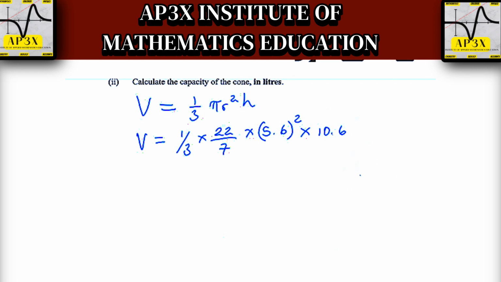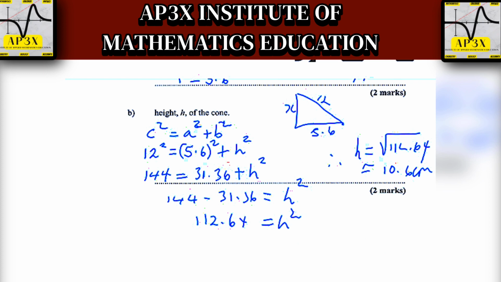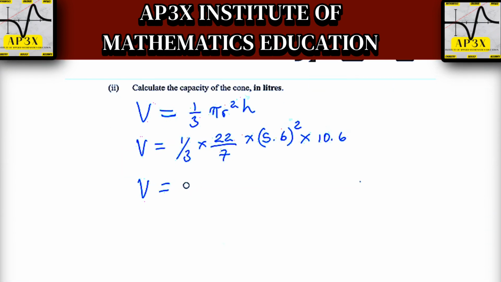All right, now that's going to be volume is equal to, let's go ahead and square the 5.6. We had done that when we were doing Pythagoras theorem, which is 31.36. So that's 1/3 multiplied by 22/7 multiplied by 31.36 multiplied by 10.6.